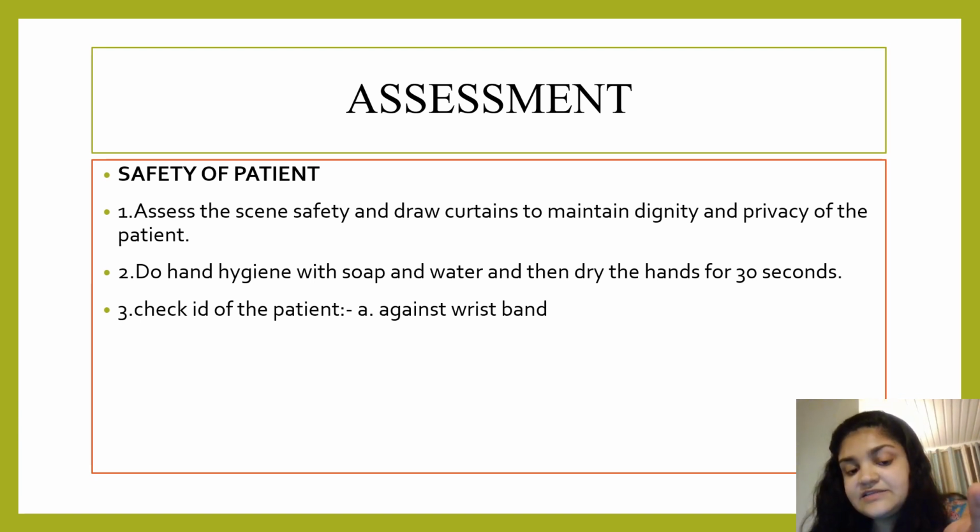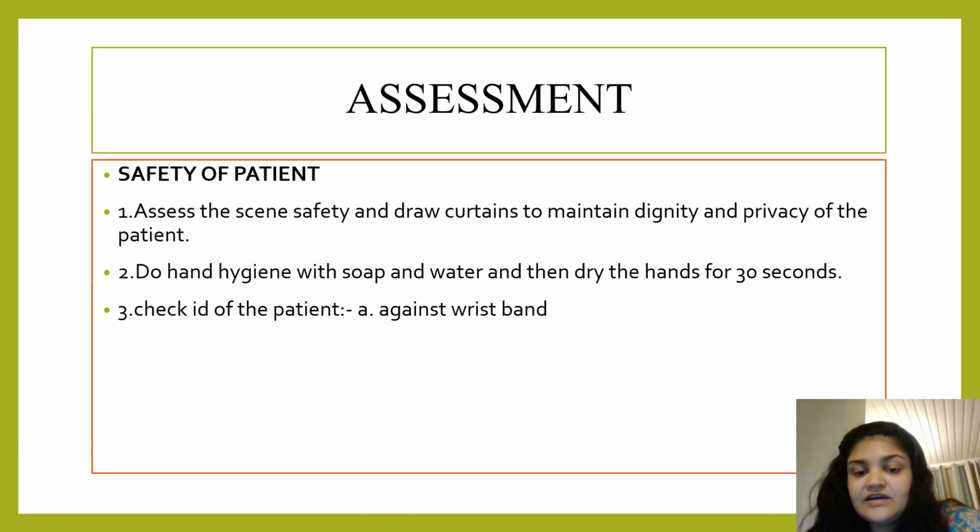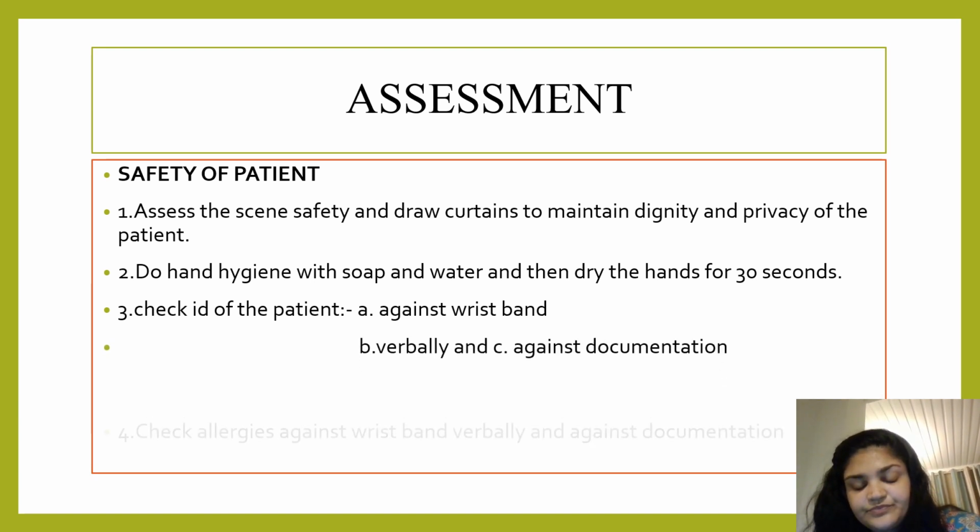We verbalize Tom Matthews, date of birth 24th of August 1992, and check against the wristband, 24th of August 1992, and hospital number 12345. We also check against the documentation.